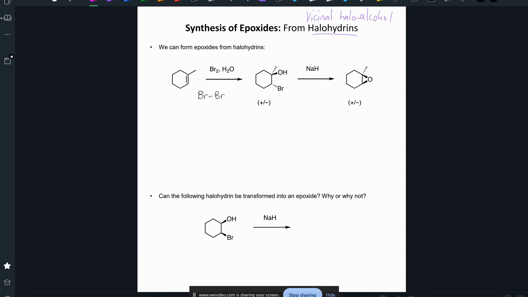Hopefully you paused and now you're back. Hopefully you tried this mechanism. Remember, when we react an alkene with a halogen, we start by having the pi bond attack sigma star Br-Br. So pi CC attacks sigma star BrBr.